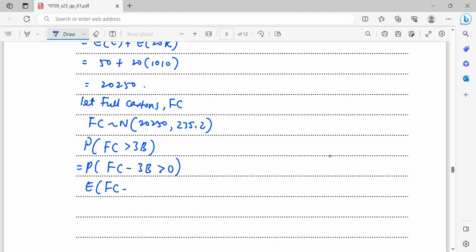So E(FC - 3B) is going to be E(FC). Remember, this 3 is the times, right? But for the E, there's no effect. Means that minus 3E(B). So FC, the expected value is 20250 minus 3 times E(B).